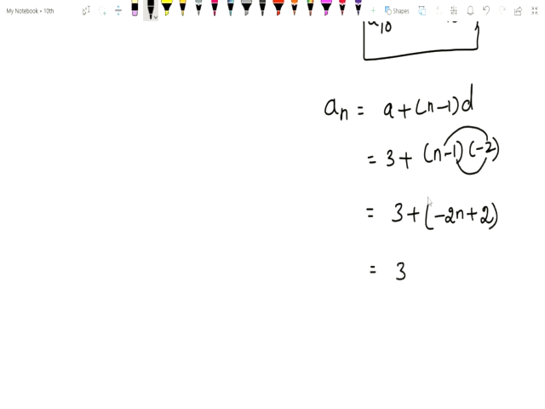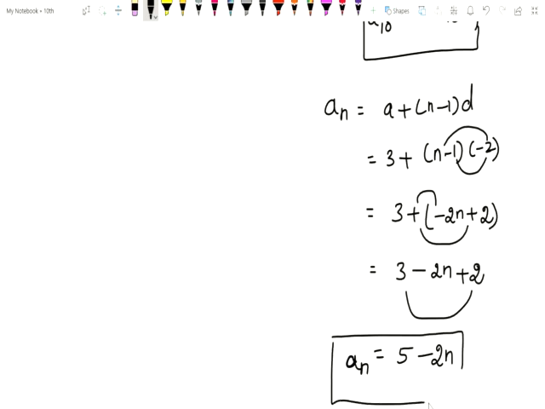So 3 plus 2, what will you get, children? 5. 5 minus 2n. So the nth term, An, is 5 minus 2n. Do you understand, children?